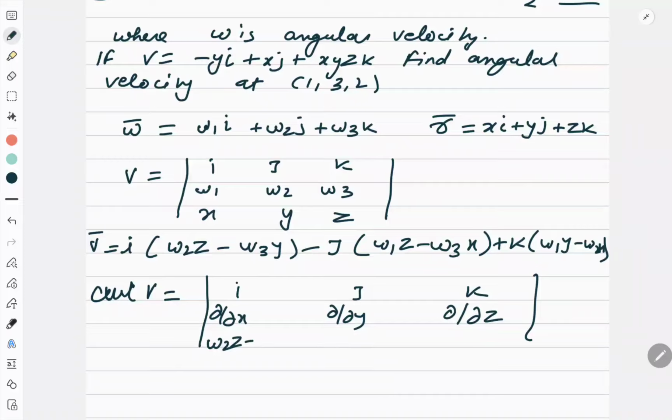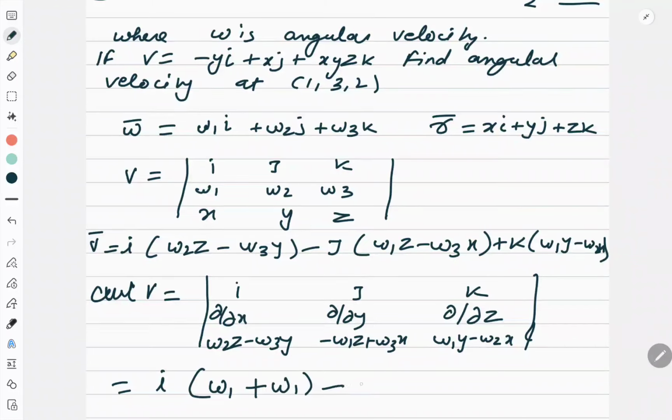This is w2z minus w3y, minus w1z plus w3x, w1y minus w2x. So now i, dou by dou y of this is w1, minus dou by dou z of this is plus w1, minus j, dou by dou x of this is minus w2, minus w2, plus k, w3 plus w3.